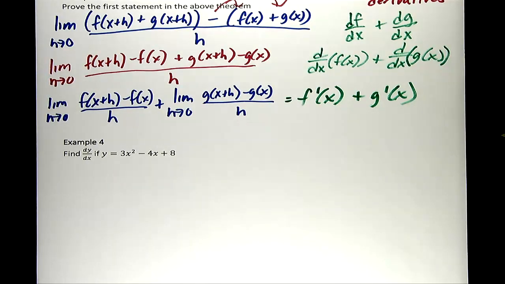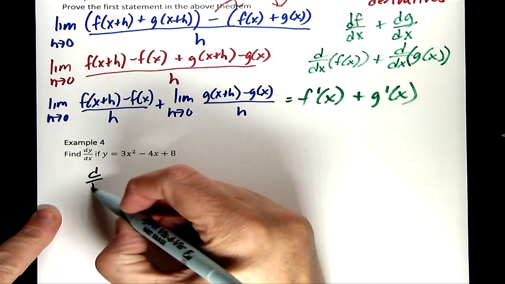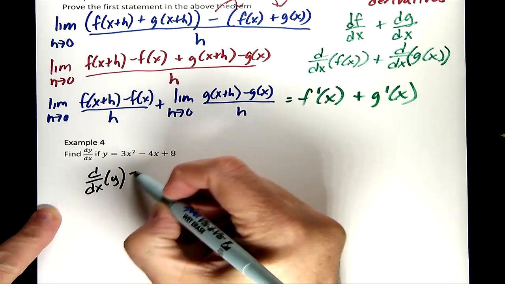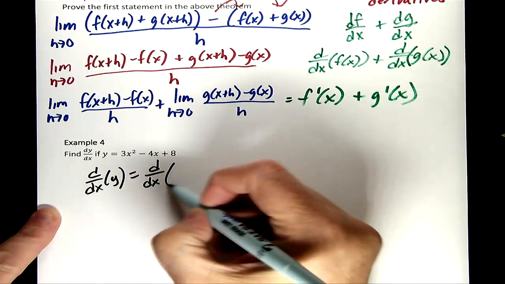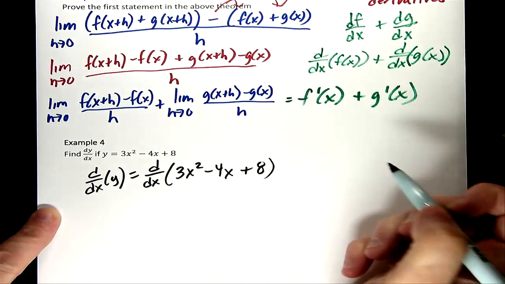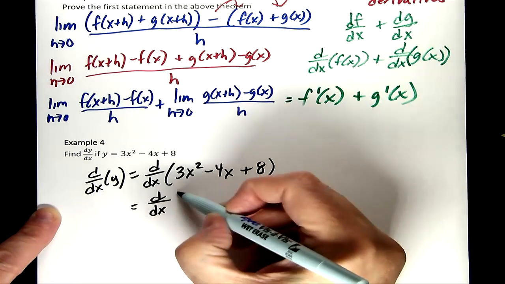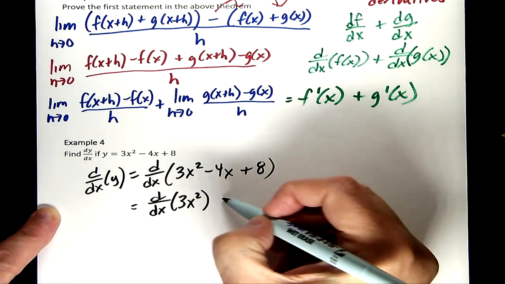What does that mean for us? It means if we want to do dy/dx, we can actually separate it up into each of these.